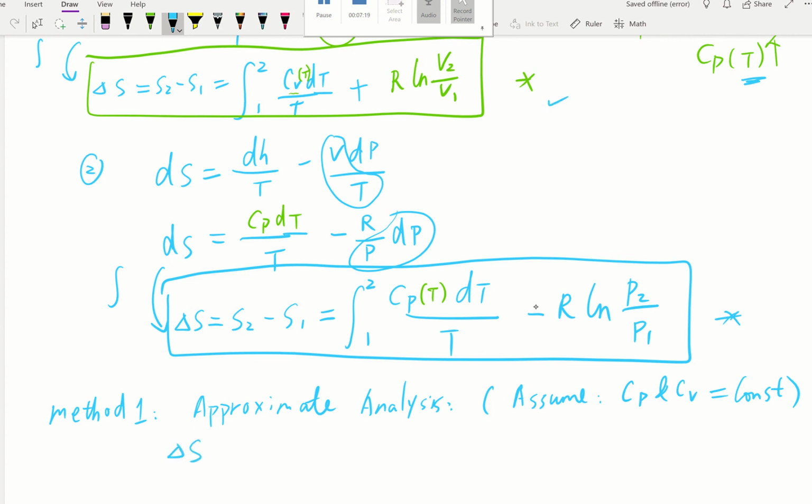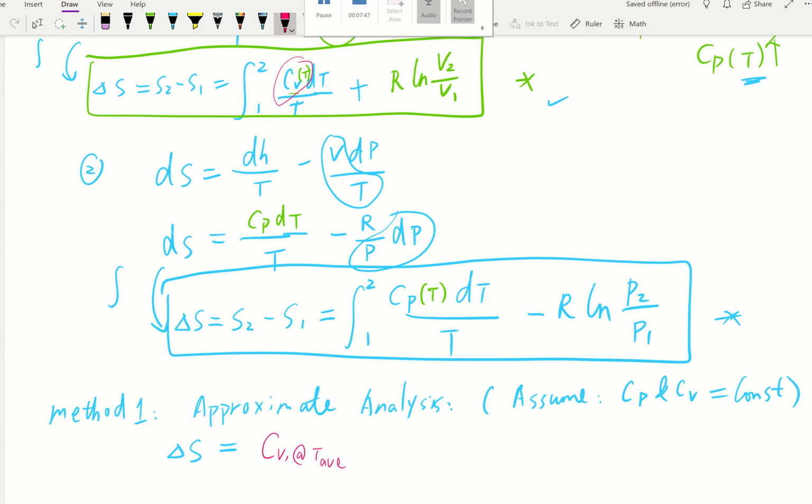This delta S, this entropy change for ideal gas, will become this Cv. It's a constant that can be taken out from the integral. What we will have is Cv, and we're going to use the average temperature value.